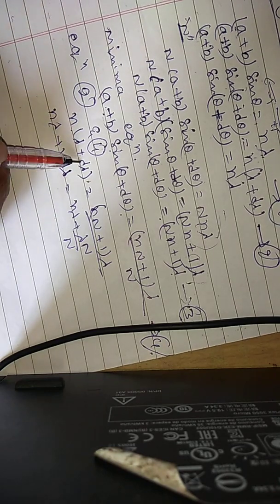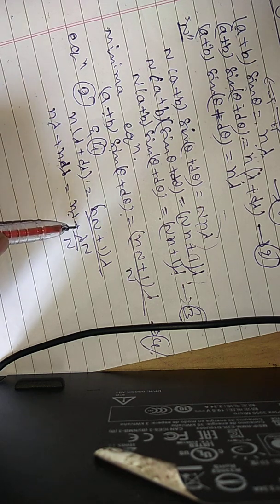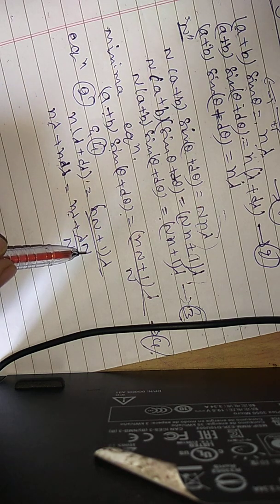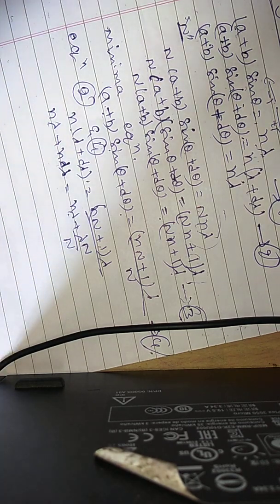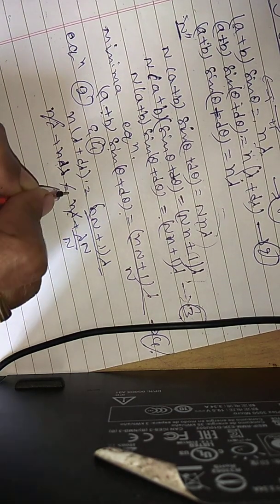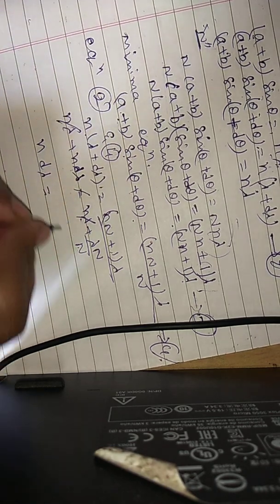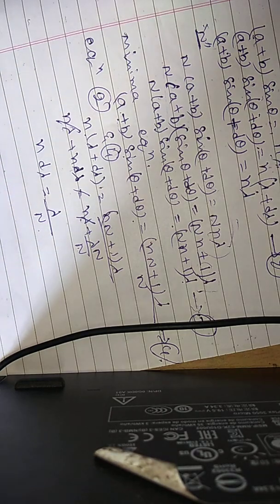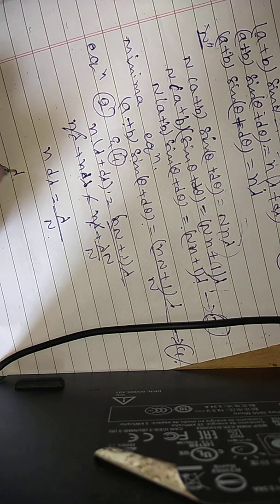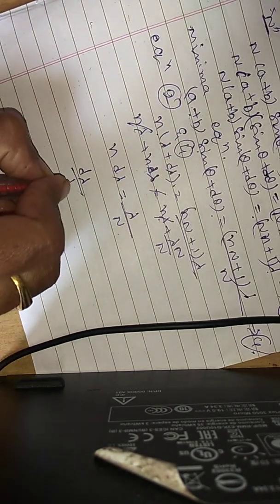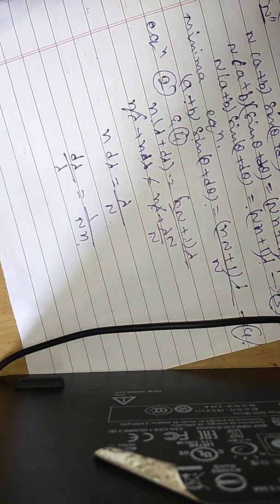The n lambda cancels on both sides, so we get n d lambda is equal to lambda by n. Therefore d lambda by lambda is equal to 1 divided by n into n.